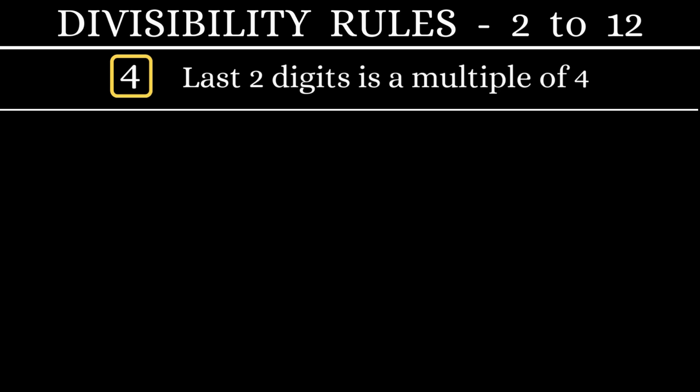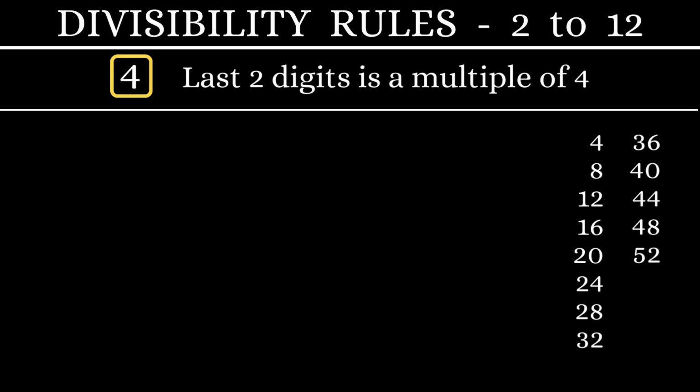Here we have to consider only the last 2 digits. If it is a multiple of 4, then the whole number is divisible by 4. Here we have listed some of the multiples of 4.